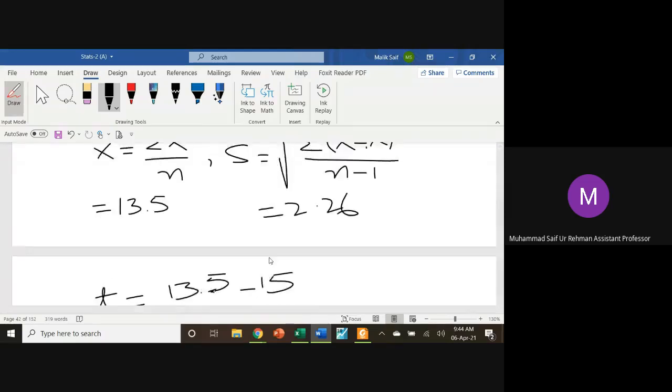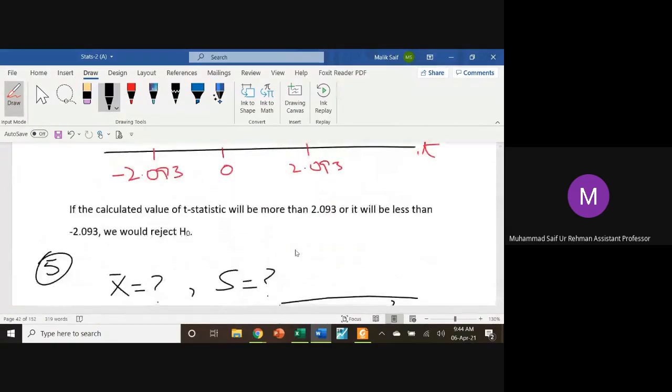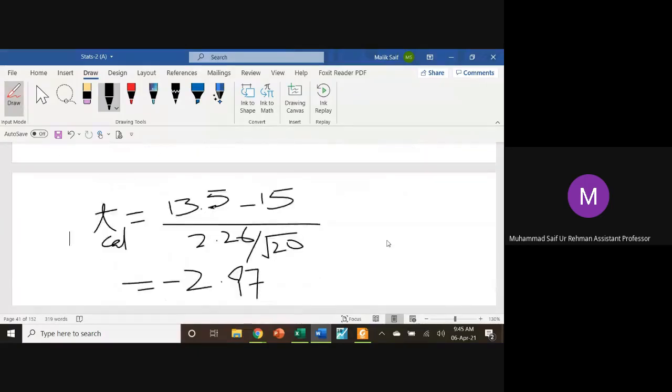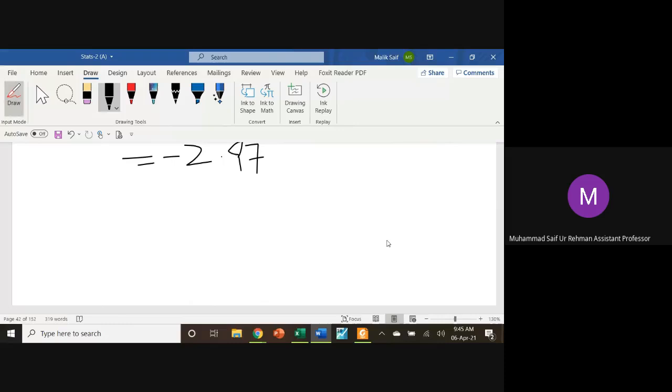So you will come over here and you will see what will be the situation when it is negative sign there. We would reject the null hypothesis if the calculated value will be less than this value. Okay, so please write down these two values, minus 2.97. This was the calculated value. You may write it down as t calculated, and here you can write down t tabulated or the critical value.